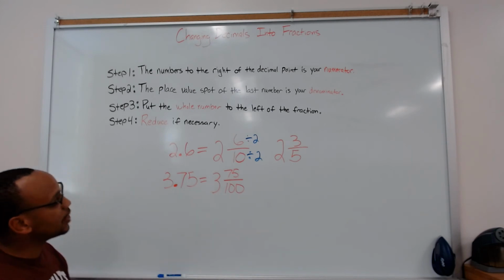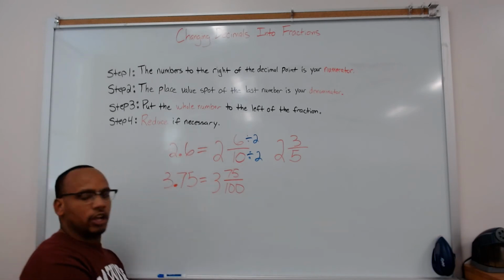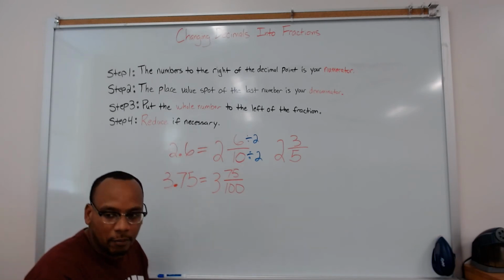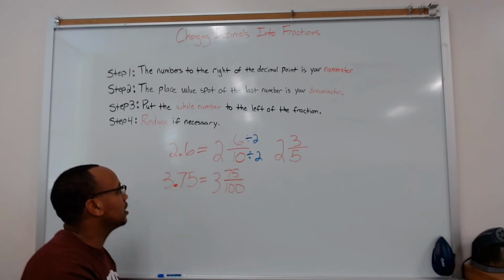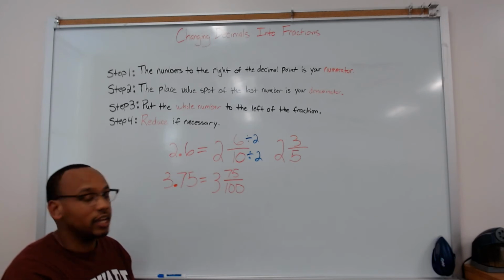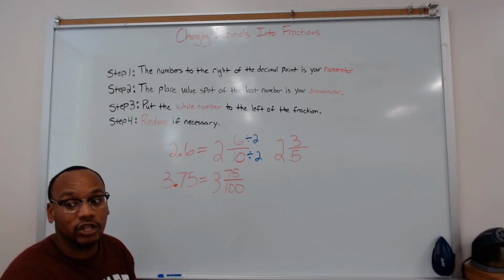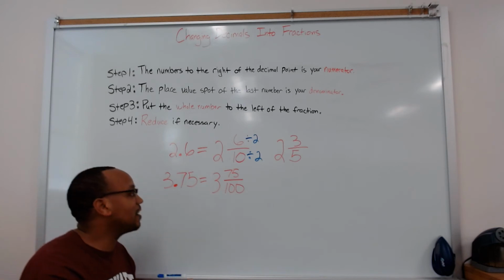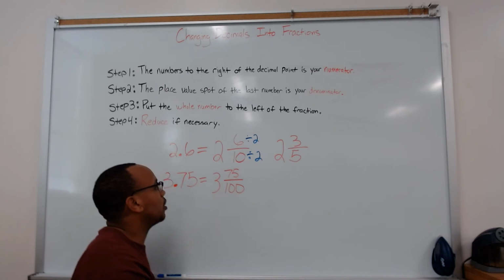Now from here, I reduce if necessary, right? Everyone knows that I talk about money, so money is like hundreds. 75 over hundreds, all right? That's like quarters, right? Because 75 cents is 3 quarters. So that means 75 cents can be divided by quarters.